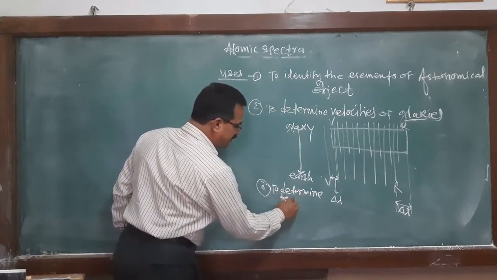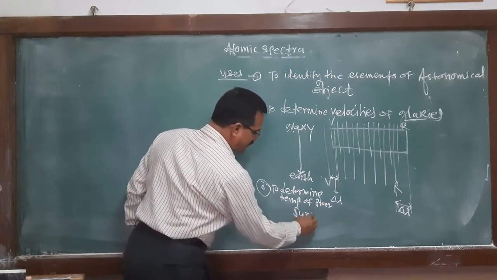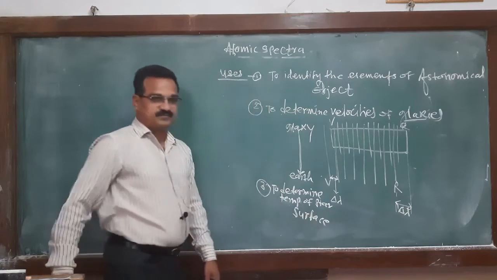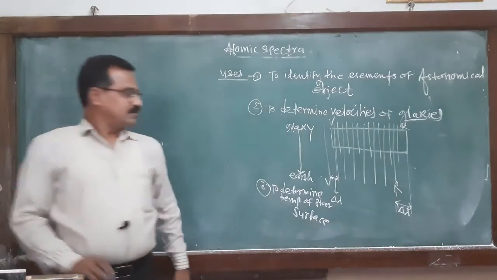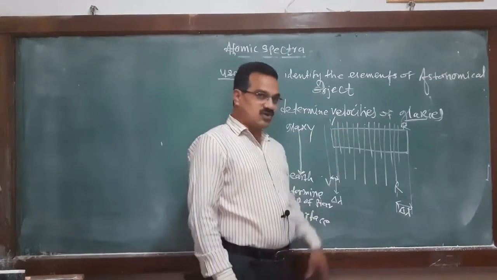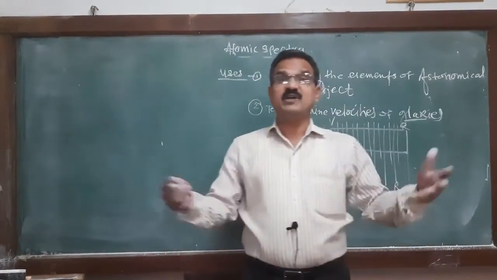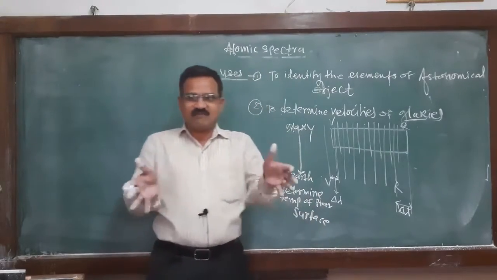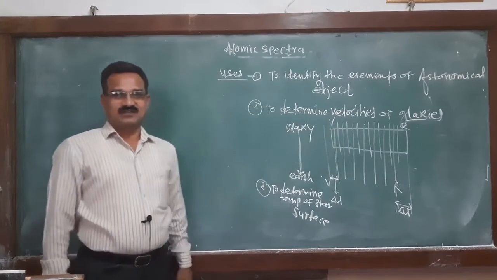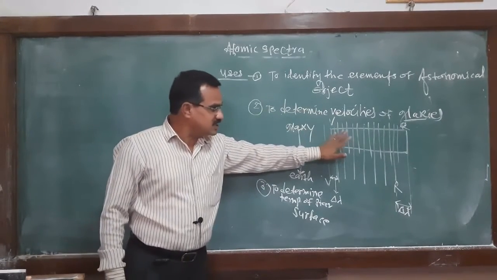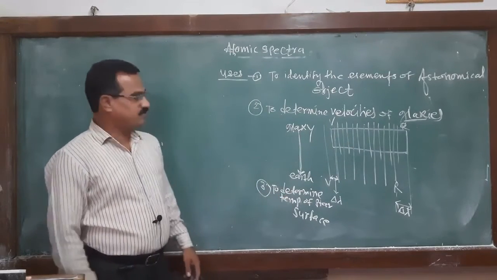You remember that the intensity of these lines obtained from that galaxy or any object depends upon the temperature. If the temperature of that object is changed, the intensity of that line is changed. By analyzing the intensity of that line, we can determine the temperature of the star surface.